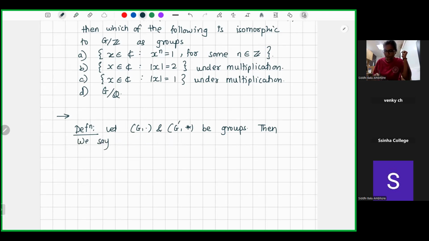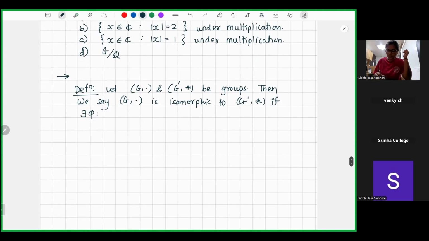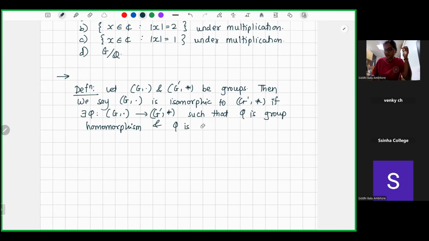We say G is isomorphic to G dash if there exists phi from G to G dash such that phi is a group homomorphism and phi is a bijection.